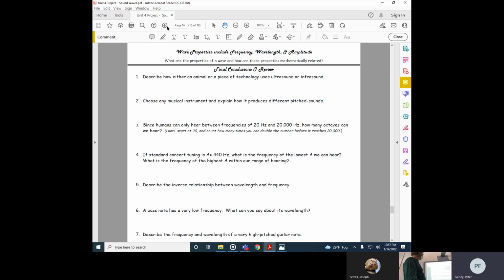Now, that leads us to the last couple of pages. Notice the subtitle says, these are the final conclusions and review. Once again, there's really nothing new on here, but there are a couple things that are tricky. And so I want to help you with the tricky questions, but I'm not going to go over every single question. Does that make sense?